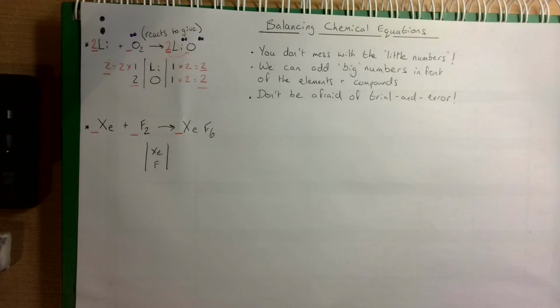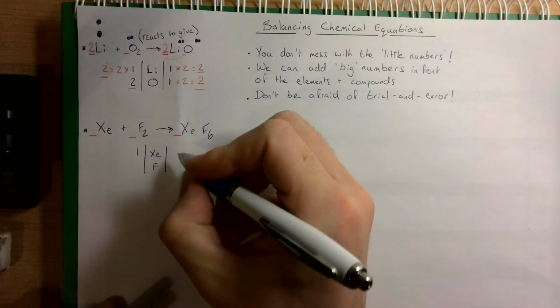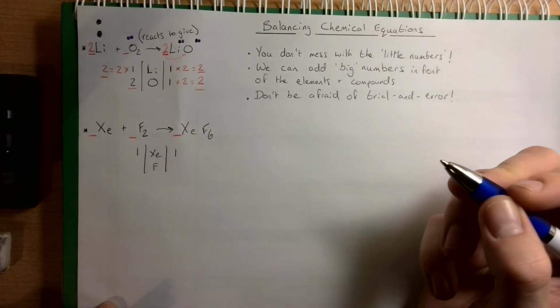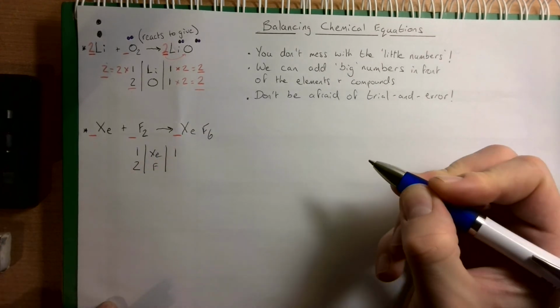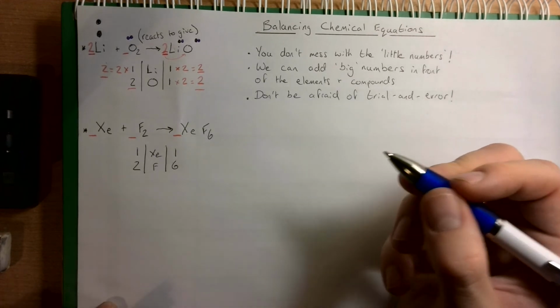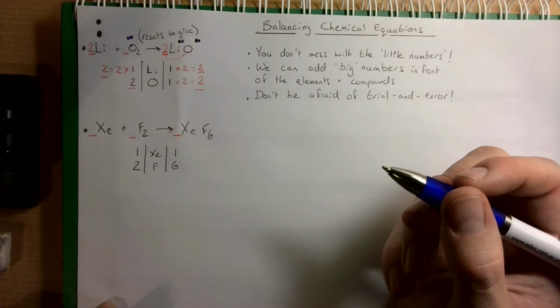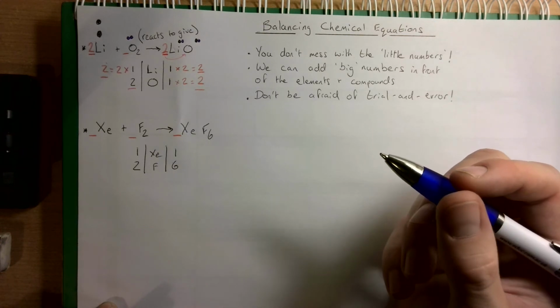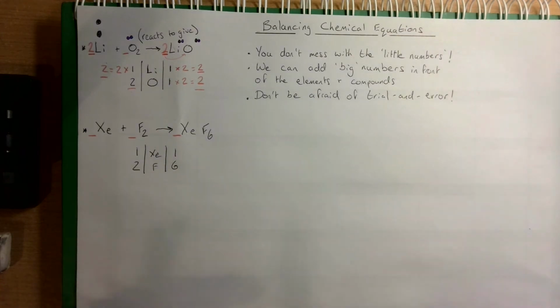Okay, so on the left we have 1 xenon, and on the right we have 1 xenon. On the left we've got 2 fluorine, and on the right we have got 6 fluorine. Okay, the xenon is already balanced, so for now I'm not going to touch those. On the left I've got 2 fluorine, but on the right I've got 6. So this is actually quite a simple one really.